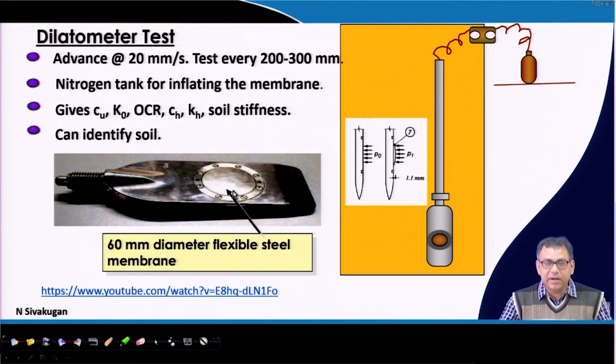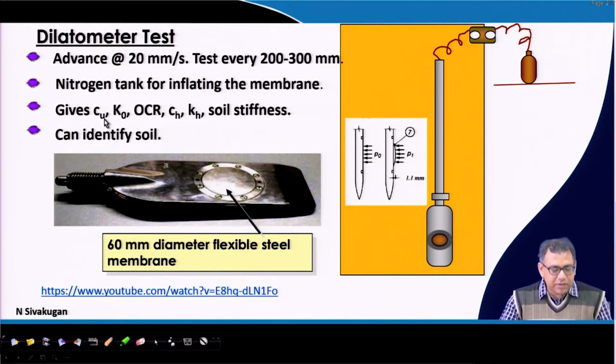So, this membrane will inflate and we will get the deformation or the reading, and the corresponding pressure we can measure. Similar to the pressure meter test, where we measure the pressure and the volume change, here also we will measure the expansion or inflation of the membrane and the pressure.